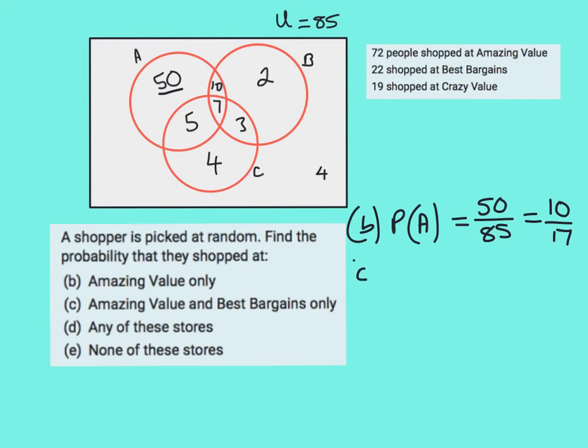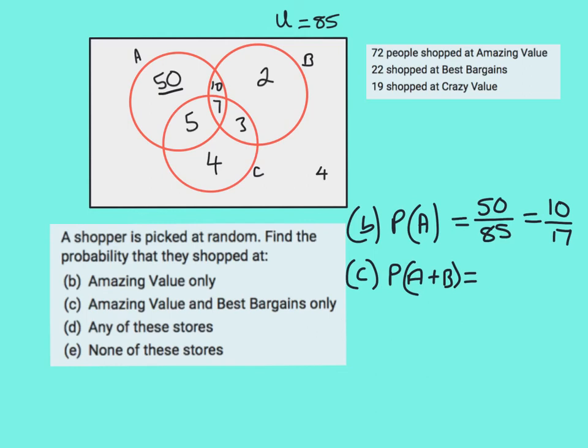Part C says amazing value and best bargains only. So the P of A and B. Now, where are they referring to? It's not amazing value only and best bargains only.